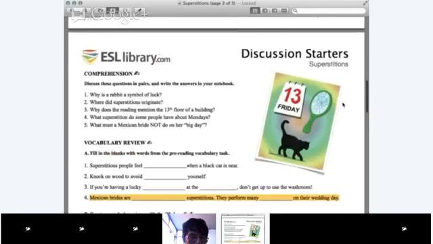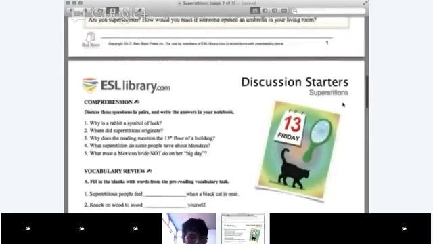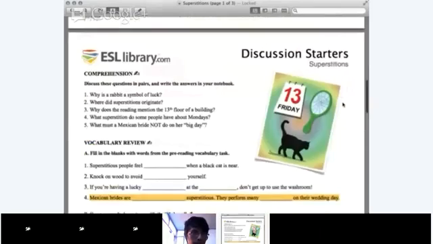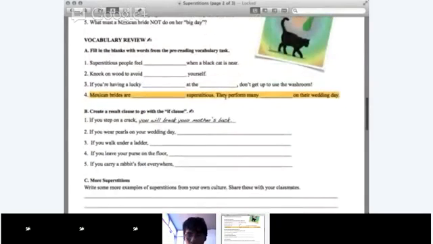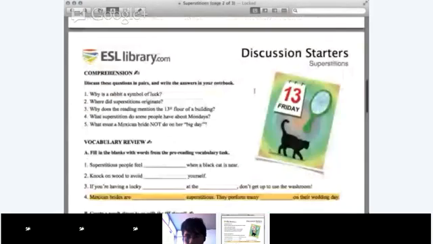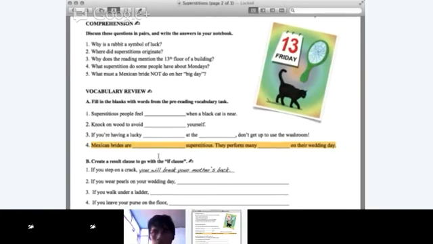Mexican brides are blank superstitious. They perform many blank on their wedding day. So we're using a bit superstitious. Yeah. Mexican brides are a bit superstitious.